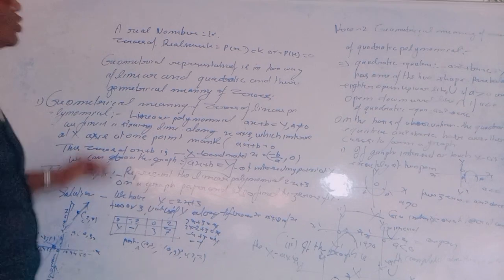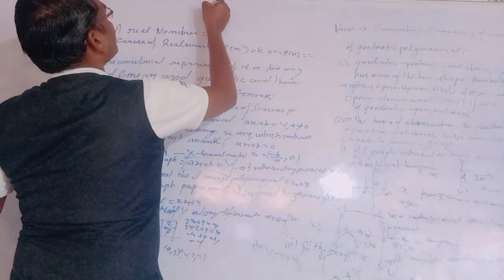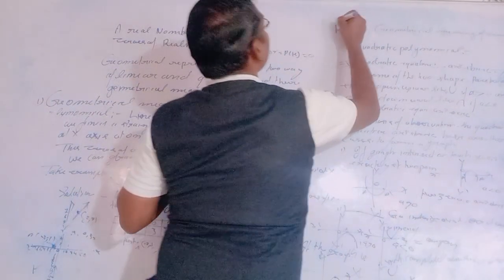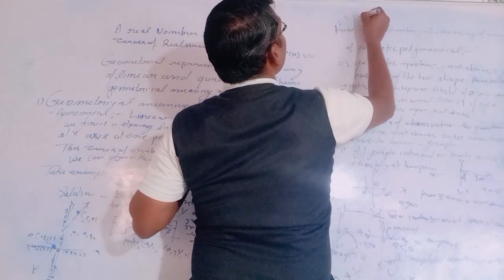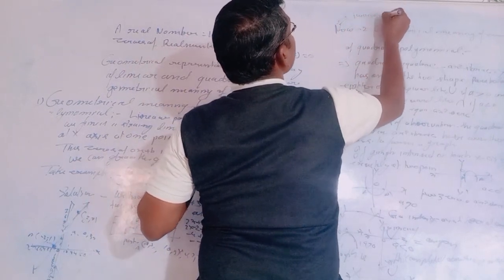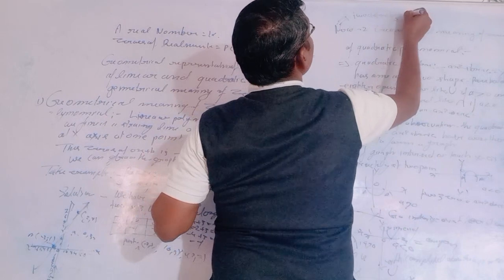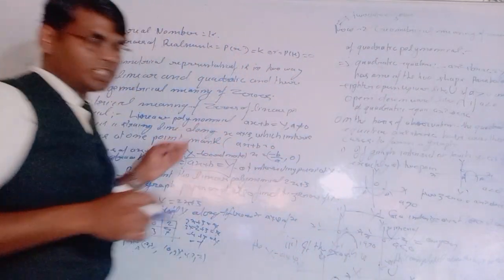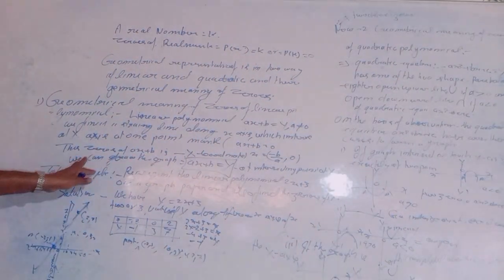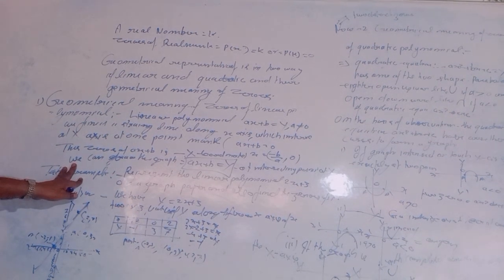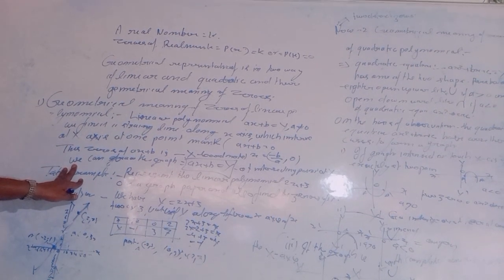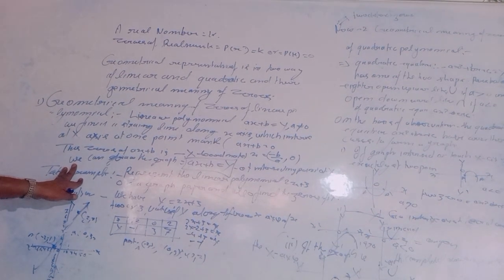Two equal zeros means one zero, or no zero.